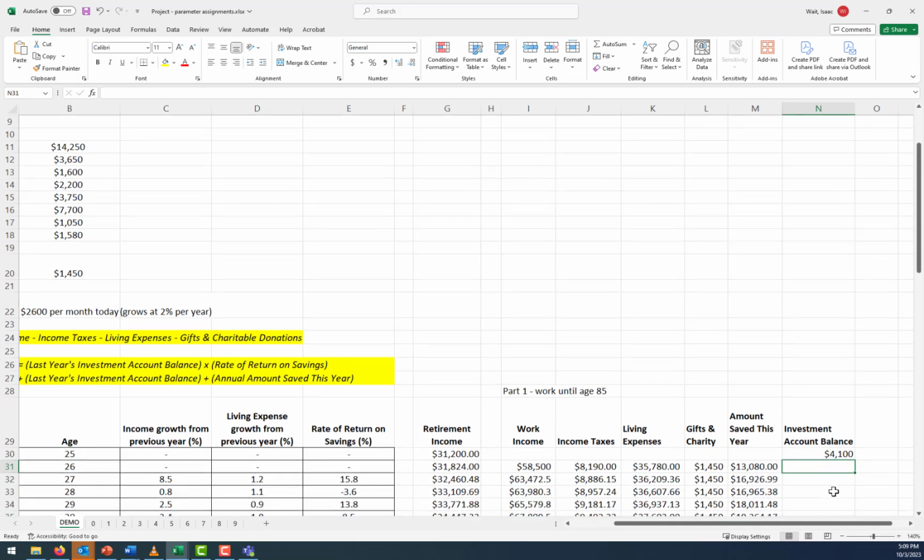All right. Now, after 1 year, they're going to make some interest on their investment account balance, except for here it's saying during the first 2 years assume 0 rate of return on your savings. So here, after 1 year of work, the balance in the account is last year's balance plus the amount that you saved this year.